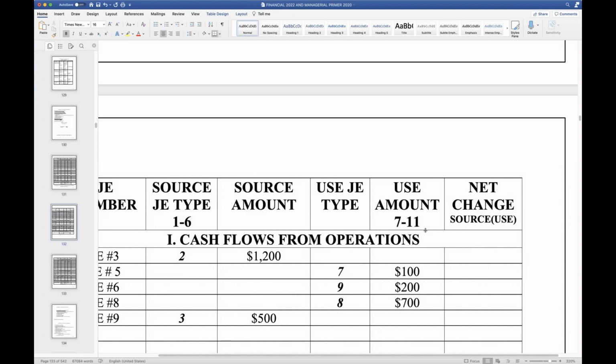So we're looking at this. Good question and good illumination, I'm sure, for most people in the class. When cash comes in, it's a source. It's going to be on this side. Here's a use. So our goal is, do our sources exceed our uses in operations? It's just like for you personally.